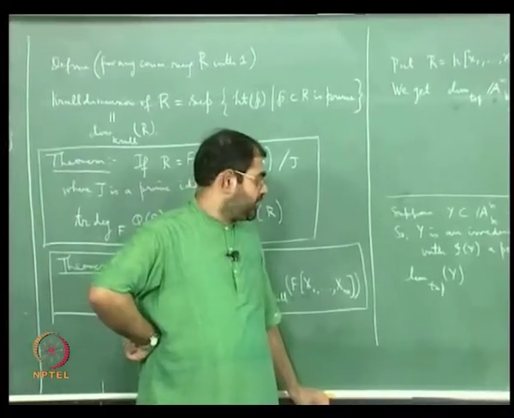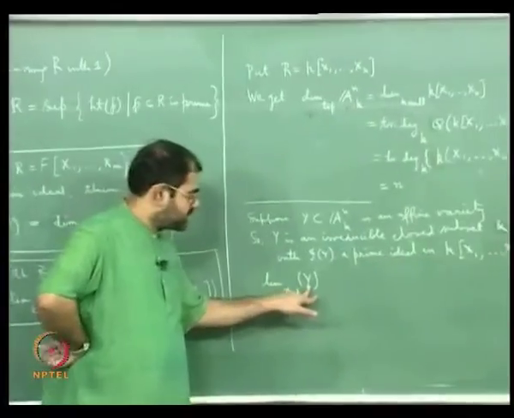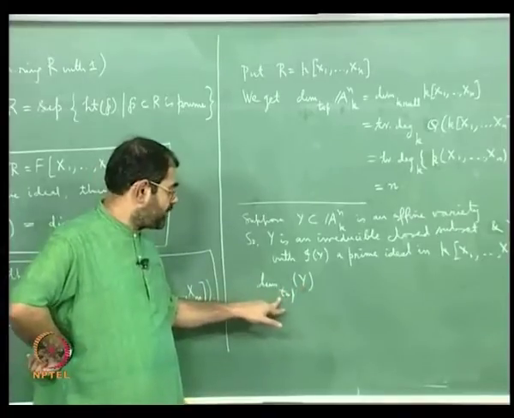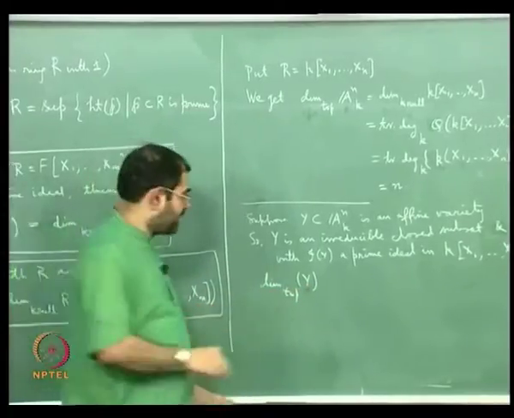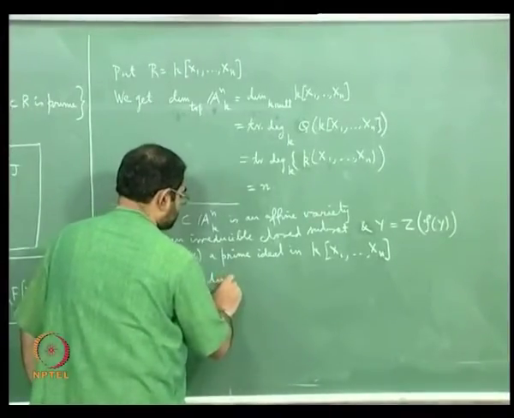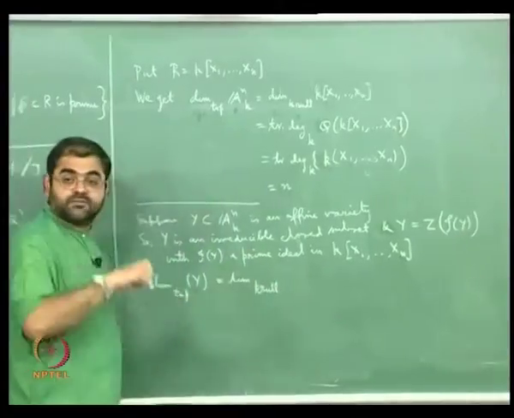Therefore the closed subsets of Y are precisely the closed subsets of affine space which are contained in Y. There is no difference. If you take the Zariski topology induced on Y and look at the topological dimension of that, it will turn out to be equal to the Krull dimension of the ring of functions on Y.